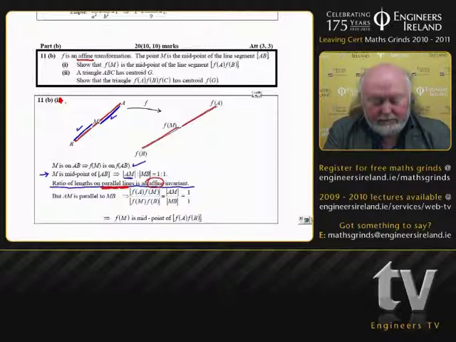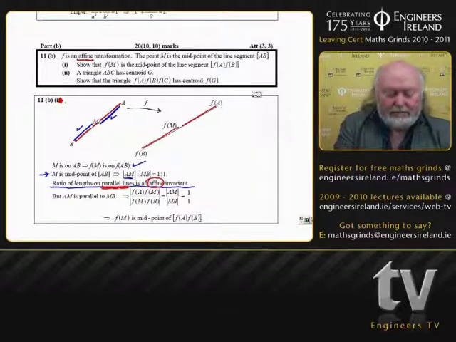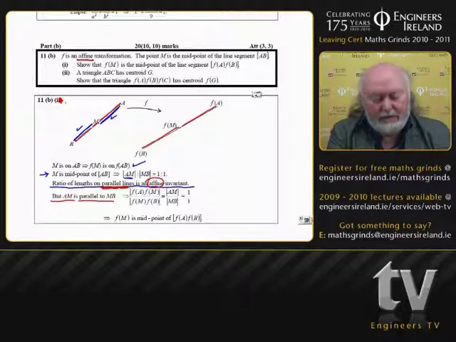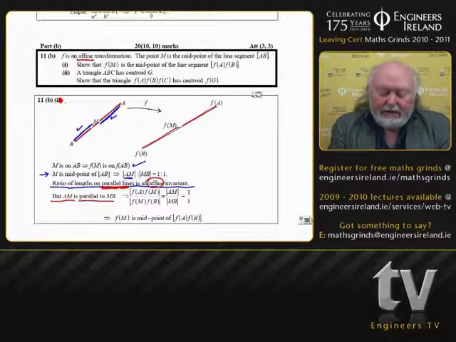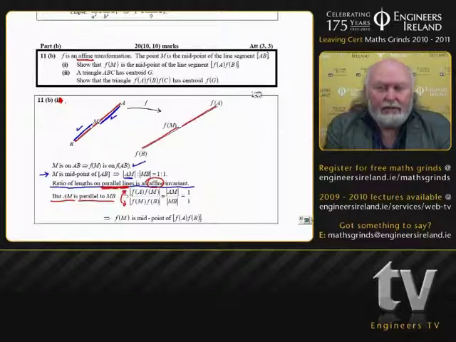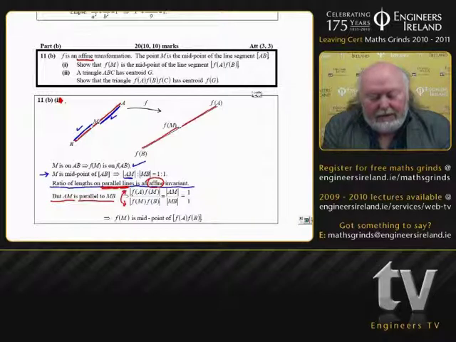Now, what's the next step? AM is parallel to MB. We've already discussed that. So let's now get the factor, which is really another way of dealing with our ratio before, of the length FA to FM divided by FM to FB.